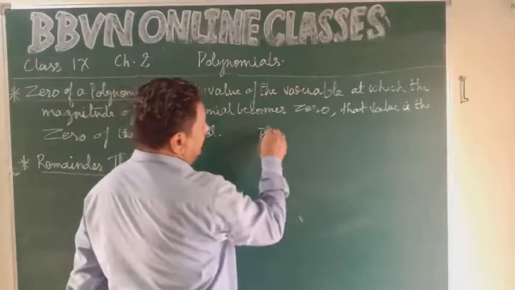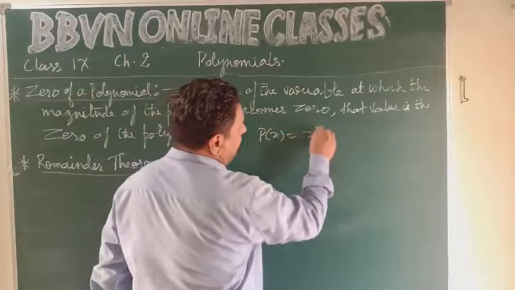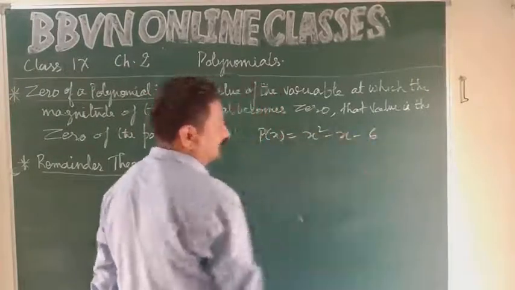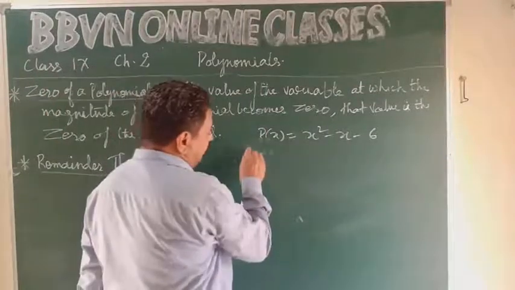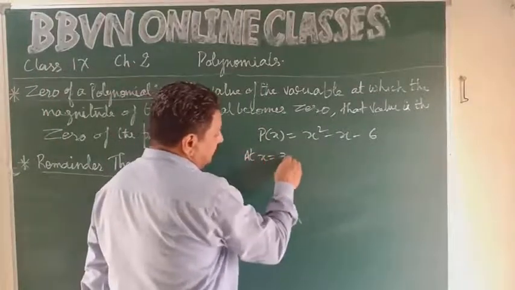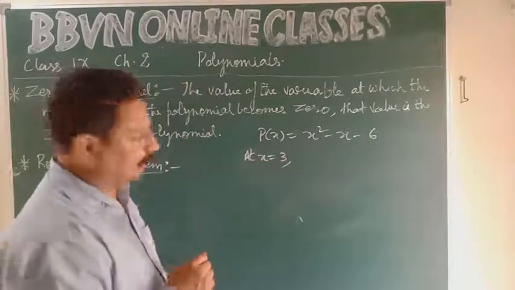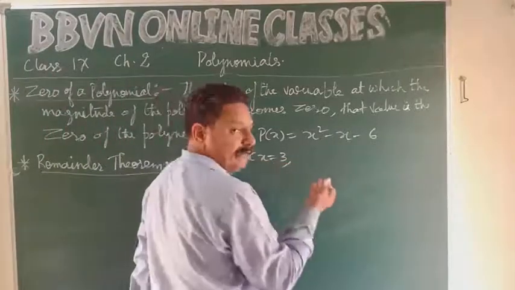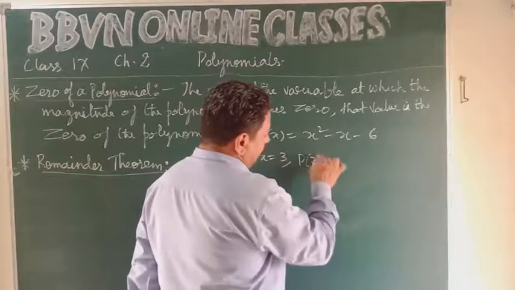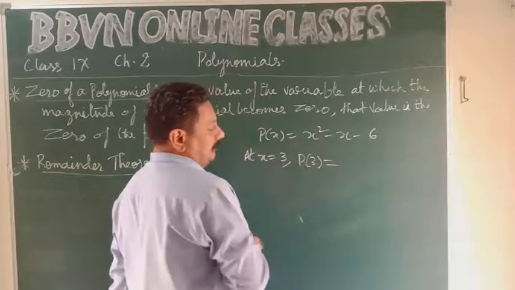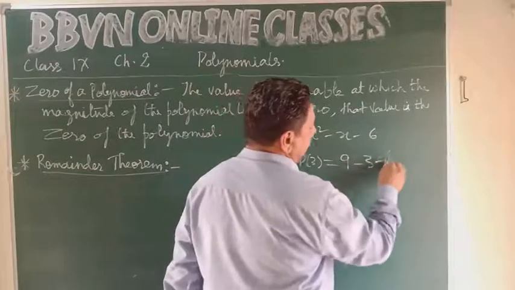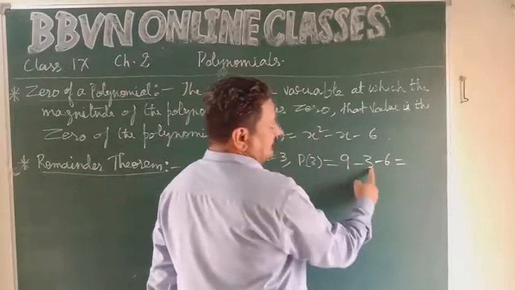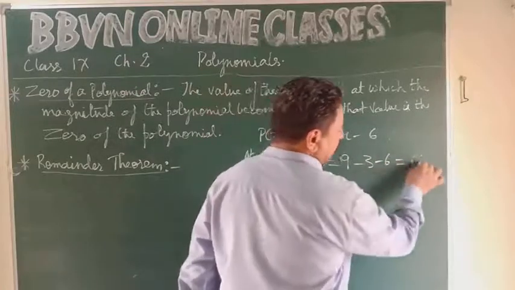Say I have a polynomial p of x equal to x square minus x minus 6. Now this is a quadratic polynomial. Let us find the value of this polynomial at x equal to 3. So p of 3, in place of x I have taken 3. 3 square is 9 minus 3 minus 6. 9 minus 3 is 6, 6 minus 6 is 0.